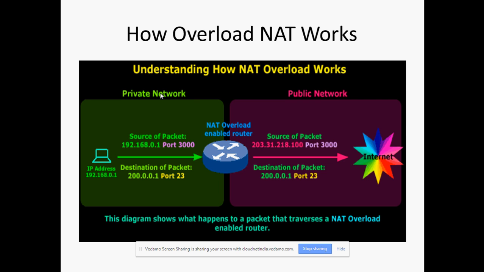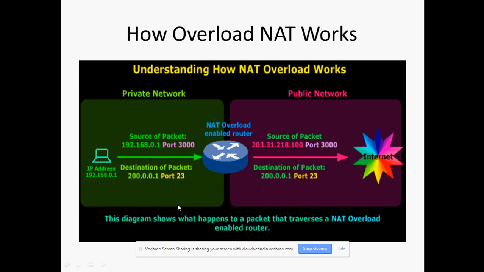The question is, suppose PC1 has the IP address 192.168.0.1 and it is mapped to 203.31.218.100, and another computer with the IP address 192.168.0.2 also uses the same IP address. When a packet is replied from the public internet, how can the router understand whether the packet is for PC1, PC2, or PC3?